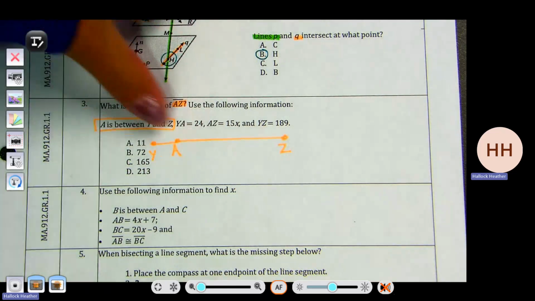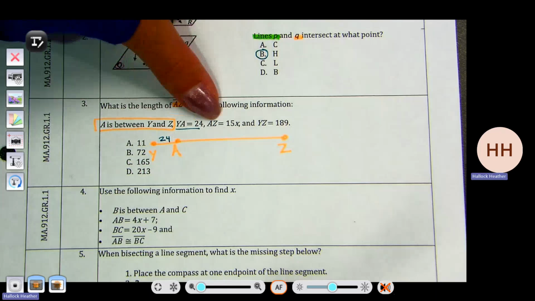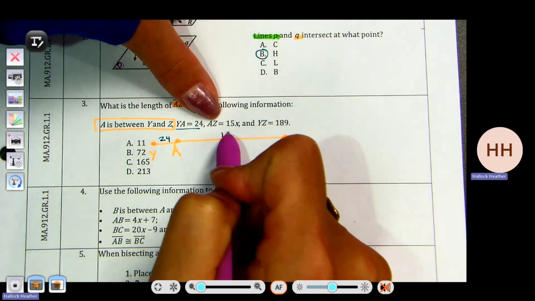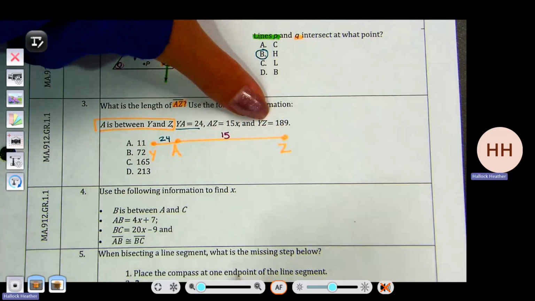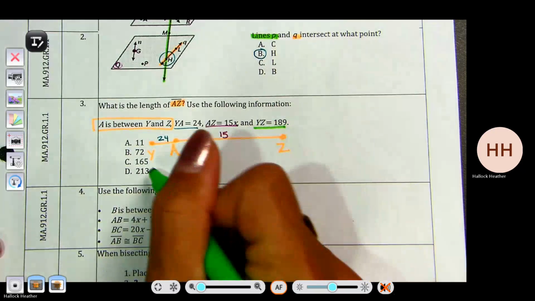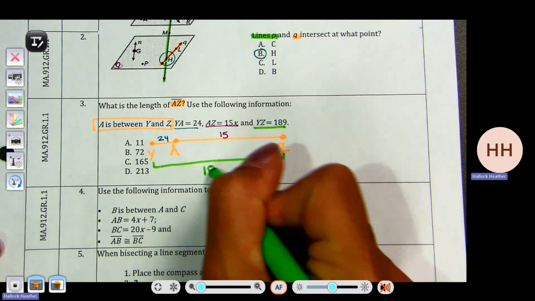A is in the middle between them. Y to A is 24. A to Z is 15X. And the last part is Y to Z. This whole thing is 189.